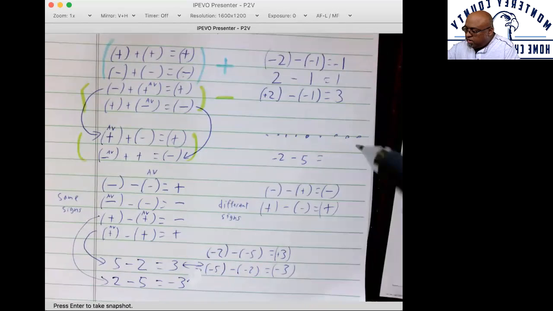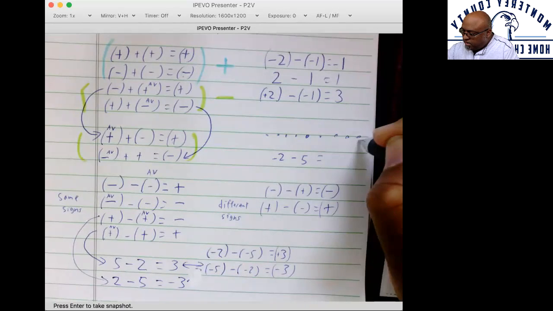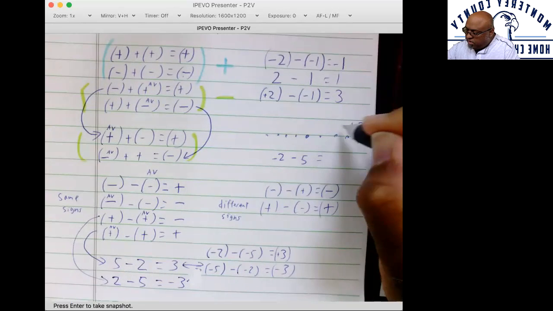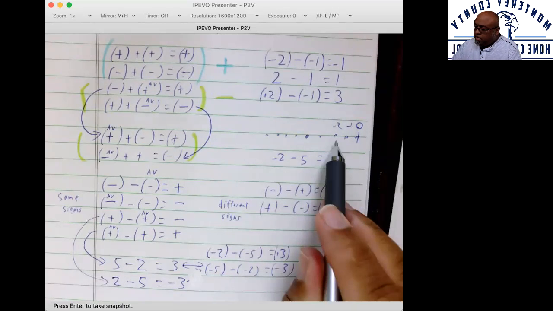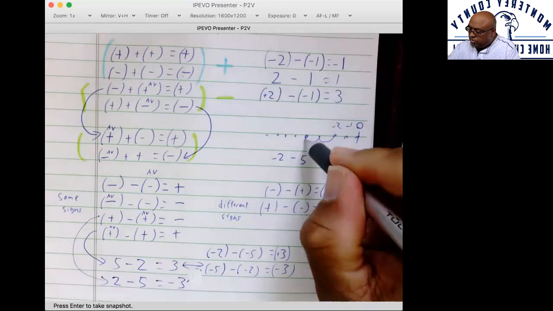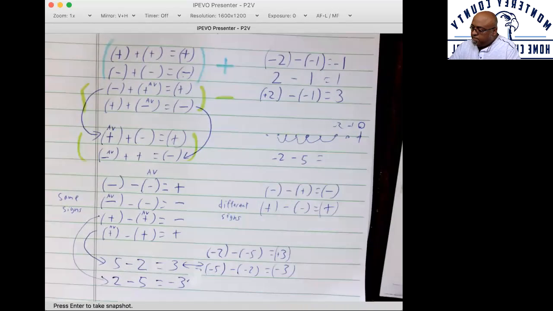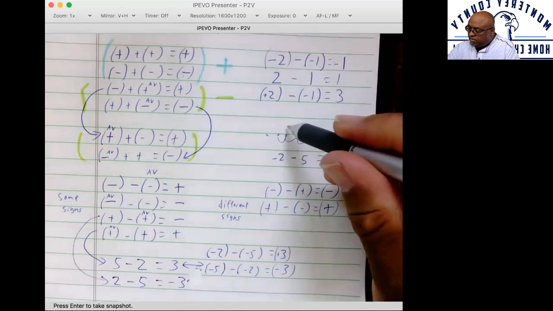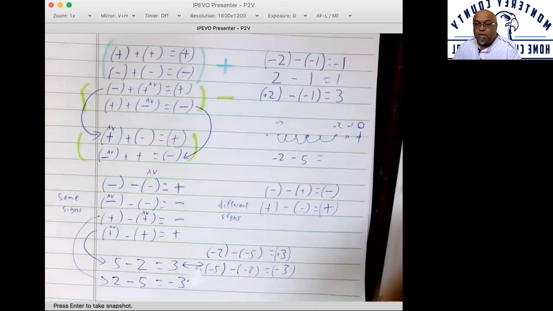We're starting at negative 2, so I'll say this point on the number line is 0. Here's negative 1, negative 2. I'm taking away positive 5, so I go 1, 2, 3, 4, 5. That would put me at negative 3, negative 4, negative 5, negative 6, negative 7.